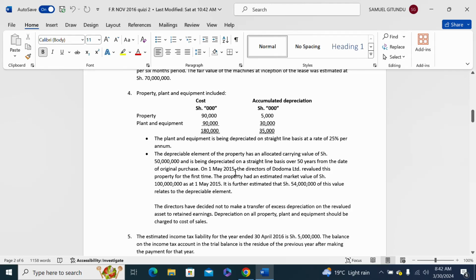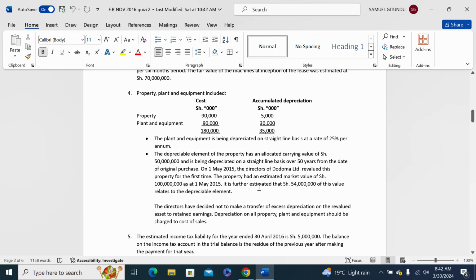On 1st May 2015, the directors of Dodoma Limited revalued this property for the first time. The property had an estimated market value of shillings 100 million as at 1st May 2015.